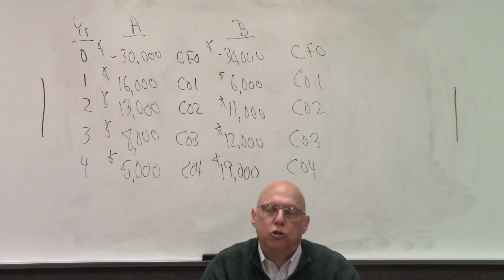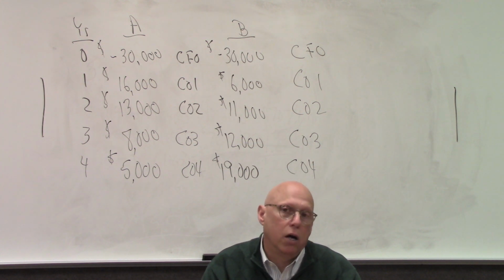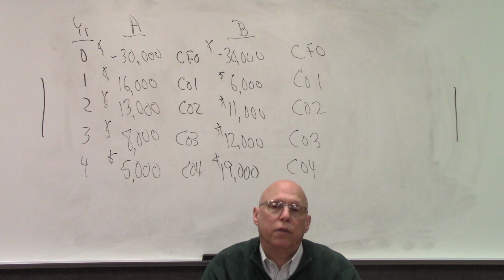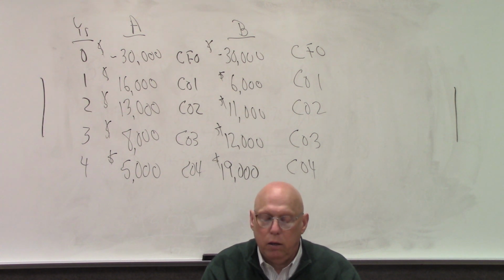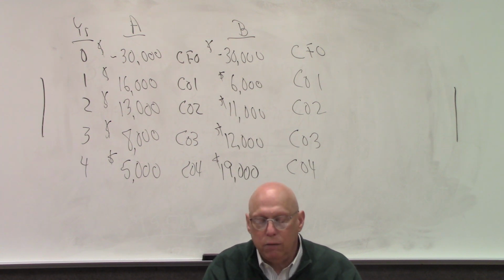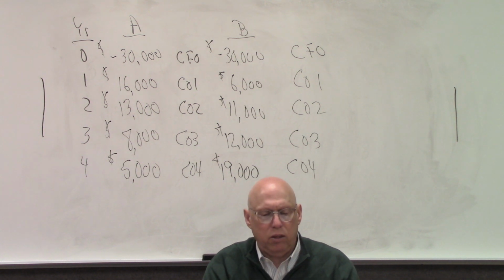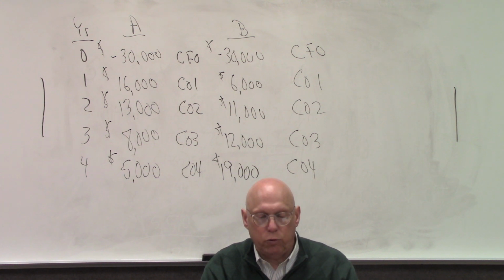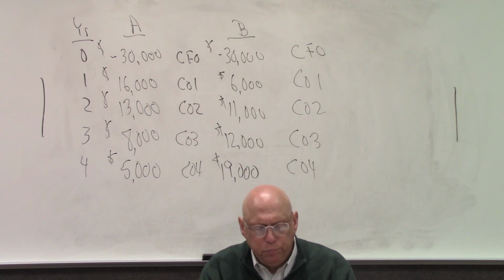And the answer is you should do the one not that has the highest internal rate of return, but the one that creates the most net present value dollars. The internal rate of return can be corrupted by non-conventional cash flows, and we'll get into that in the next homework 3, I think.